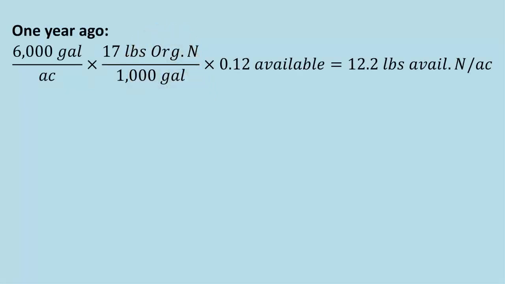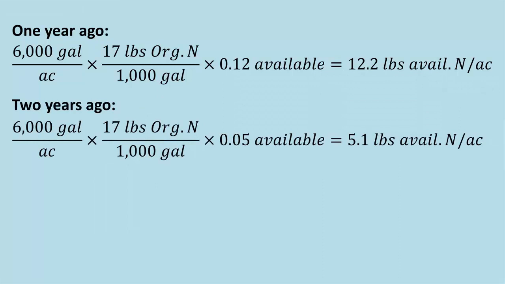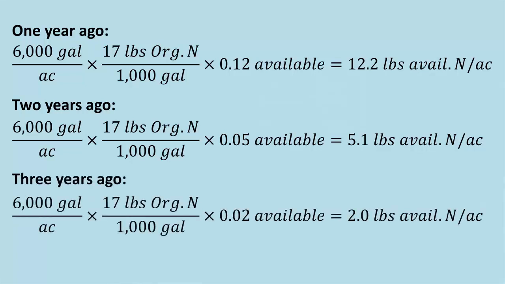For manure applied 1 year ago, we would take 6,000 gallons per acre applied times 17 pounds organic N per 1,000 gallons times an availability factor of 0.12 for 12.2 pounds per acre of available N. For manure applied 2 years ago, we would multiply by a factor of 0.05 for 5.1 pounds of available N per acre. For manure applied 3 years ago, we would multiply by a factor of 0.02 for 2.0 pounds per acre of available N.